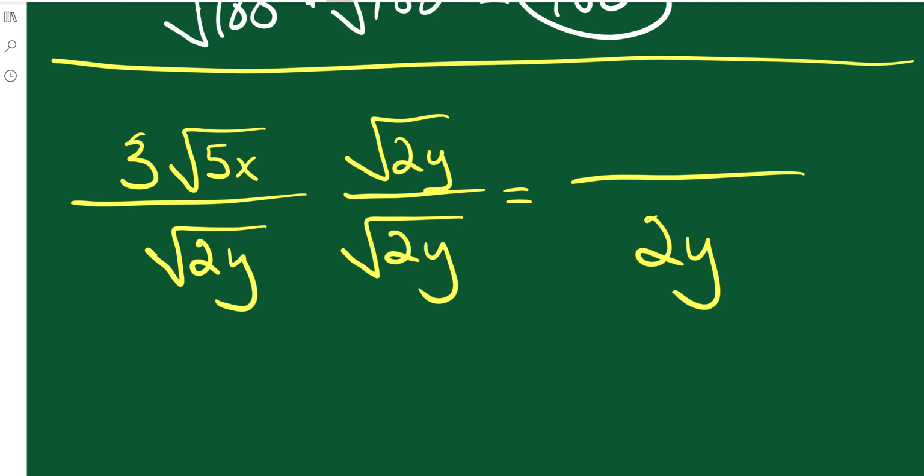And then my numerator is going to end up being, let's do these radicals first. I bring the 3 over, like 3 times 1. And then I've got the square root of 5 times 2, which is 10, x times y is xy.